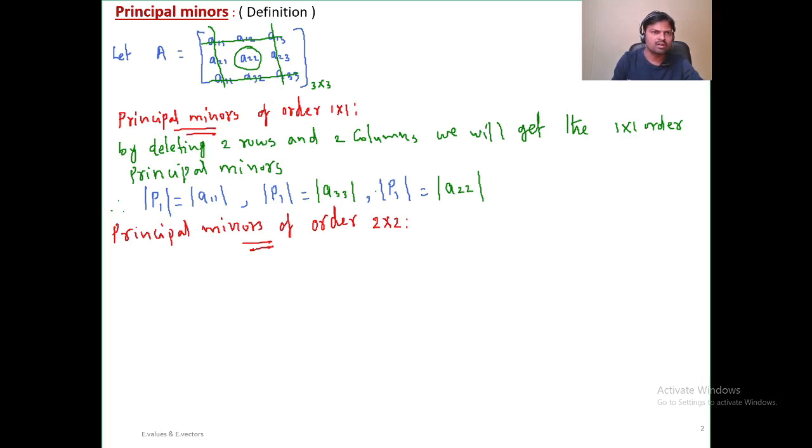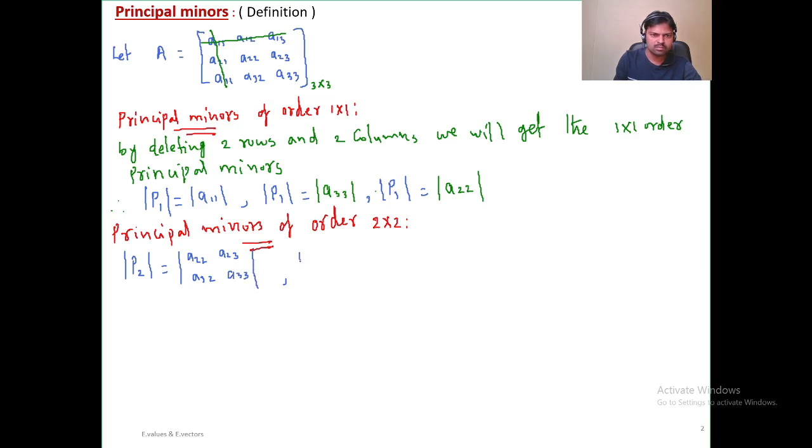Start with the first: I am deleting the first row, first column. Then this is the second order principal minor, which I denote with P2. It is the matrix with entries A22, A23, A32, A33.